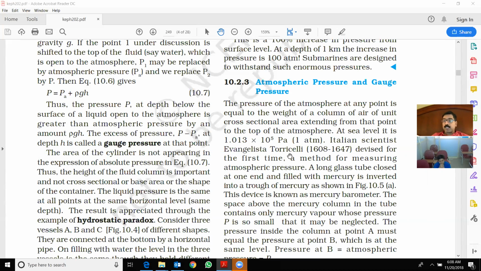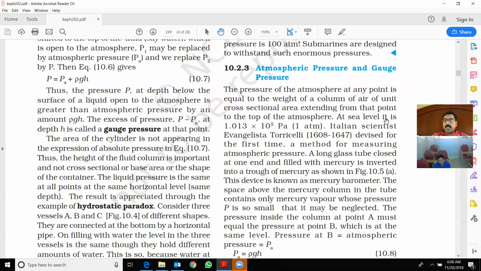Because very soon you will see there is a unit of pressure that is in practice called the Torricelli. So you'll have to remember this because Torricelli will come again. Okay, so at sea level the atmospheric pressure is 1.013 into 10 to the power 5 Pascal, which is called 1 atmosphere.